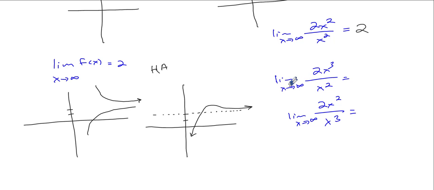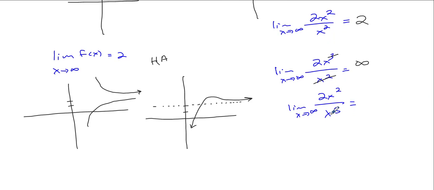What if we go to infinity and we have a cubic on top and a squared on bottom? Why infinity? It's going to grow faster than the bottom, so we're going to infinity. And you could cancel these x squareds with 2 of those. You'd have 2x, right? 2 times infinity. What's that going to be? Infinity. What if the power in the bottom is bigger than the power on top?